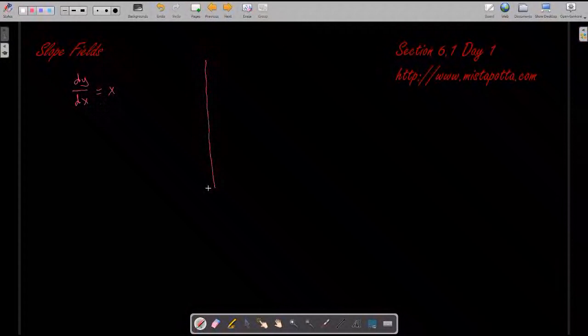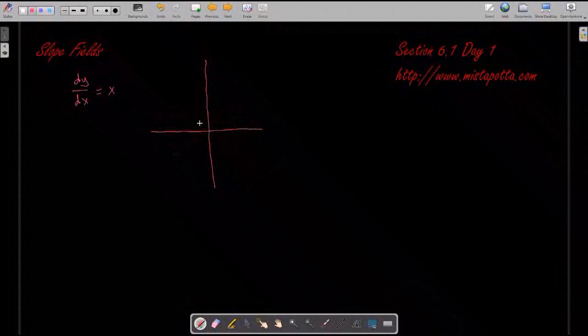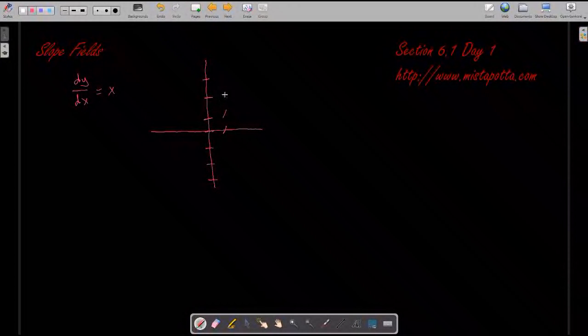So if I'm dealing with points on the y-axis where x equals 0, I've got slopes of 0. If I'm dealing with x equals 1, I've got a slope of 1. No matter what my y-coordinate is, my x solely determines my slope.